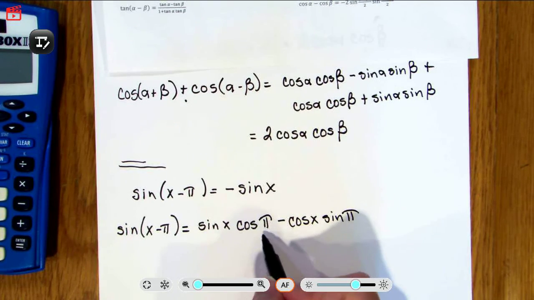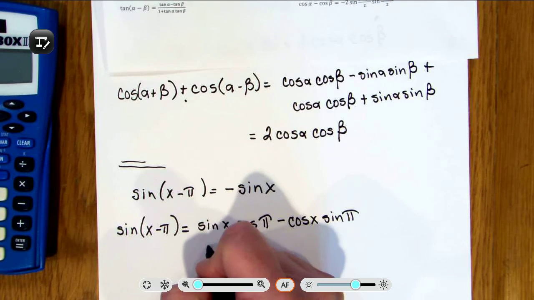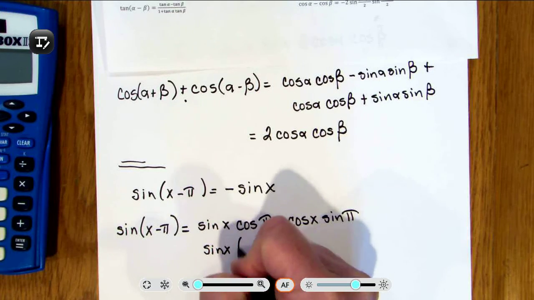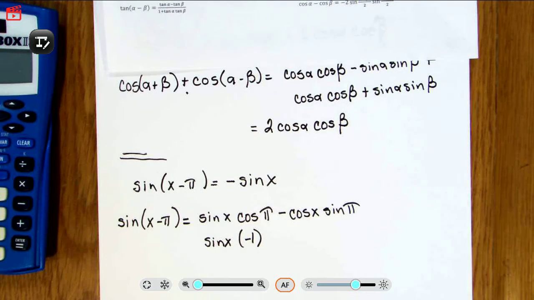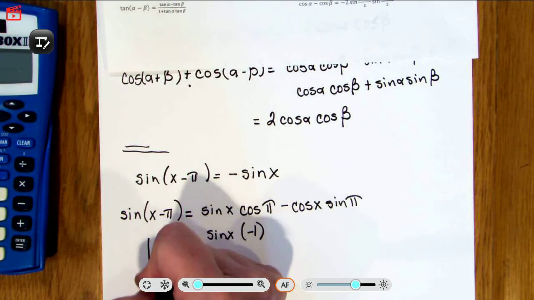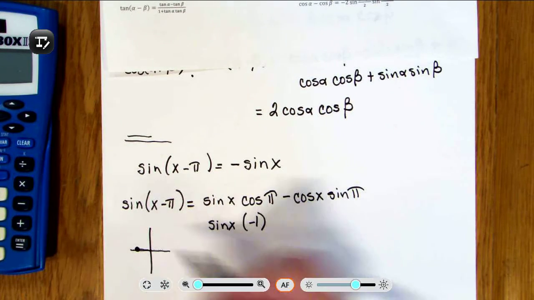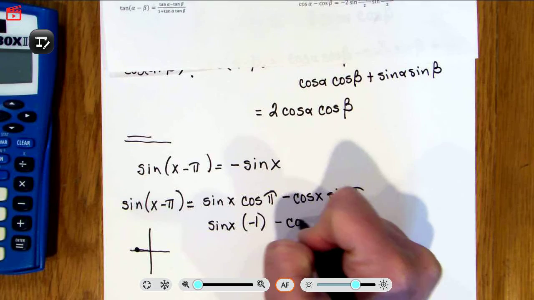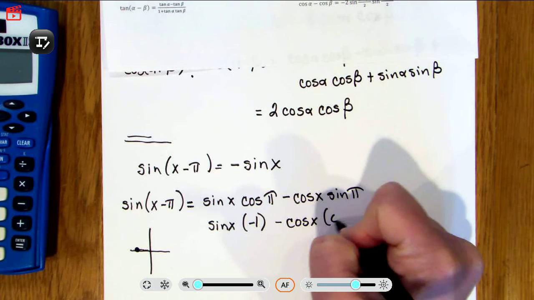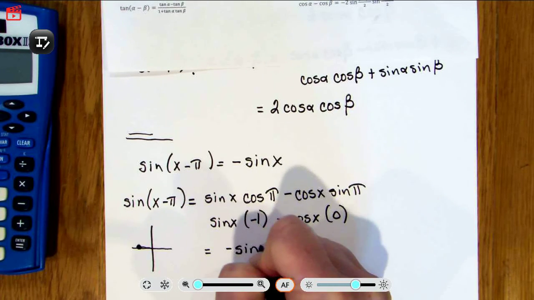And now we have to remember what the cosine of pi is and what the sine of pi is. So I'll have the sine of x, and the cosine of pi happens to be -1. You could do that using your triangles, remembering that cosine is over here, there's pi. Cosine is going to be your x component, sine is going to be your y component. So the sine of pi is 0. So we do get that negative sine of x.